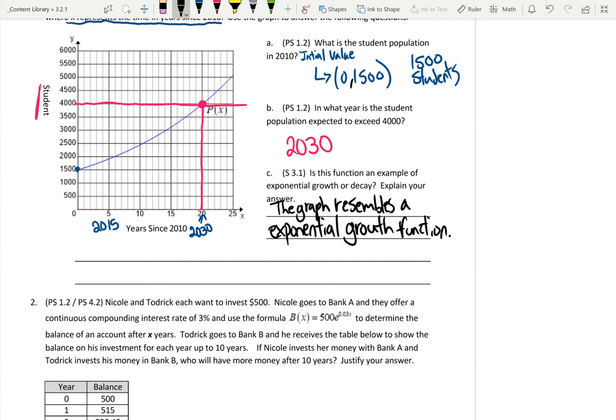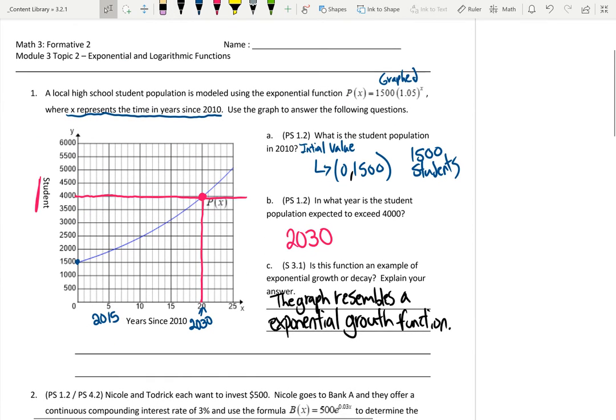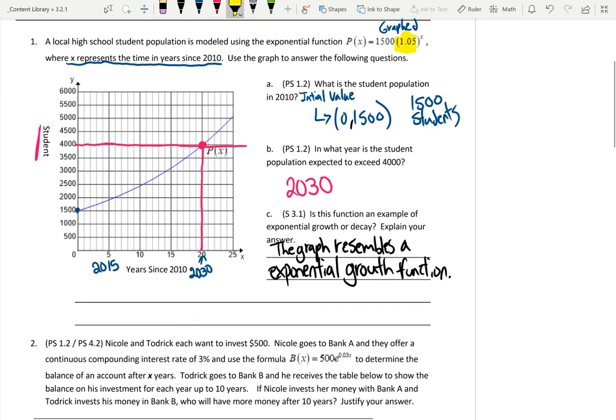Now, this is a little weak because you might be like, well, what if I'm accidentally looking at it wrong? The kicker of this is going to be right here, 1.05. Since 1.05 is greater than 1, it must be growth.